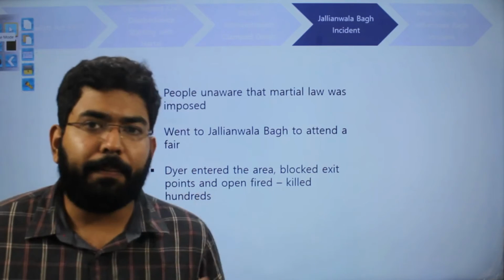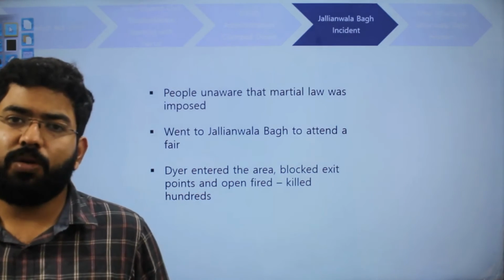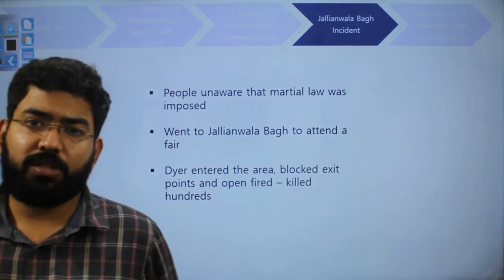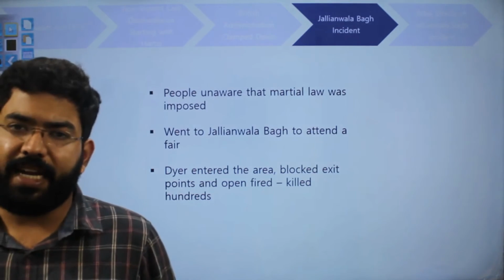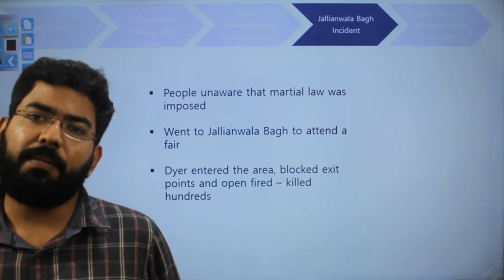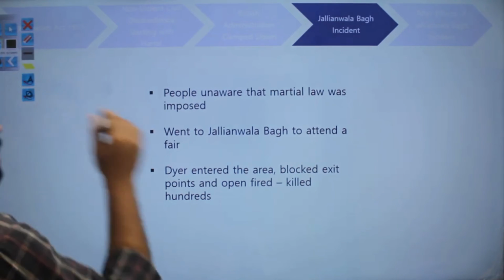Now, the famous incident after the Rowlatt Act was the Jallianwala Bagh incident. It was a terrible moment in our history where almost 900 people died. They were unarmed villagers who had just come out to go to a fair because they didn't know that martial law was imposed.